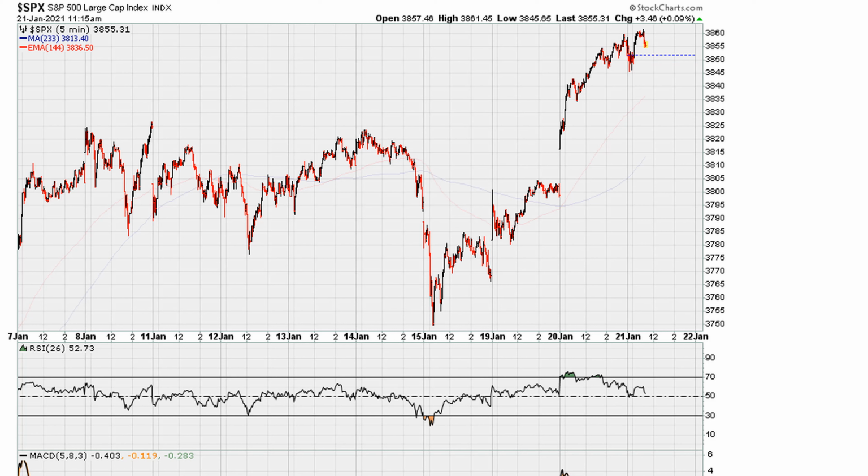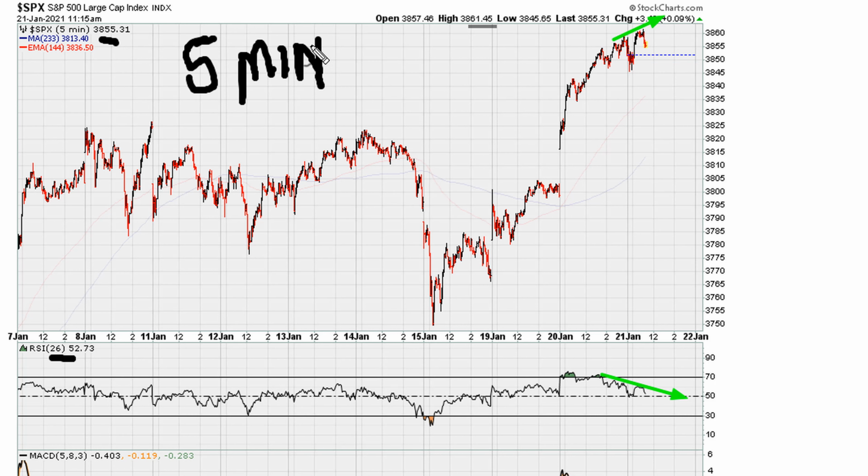As of today, we've seen the market yet again stage a fresh all-time intraday high, with the S&P 500 touching fresh all-time intraday highs. But there is an issue with this. In my opinion, take a look at your RSI. By the way, I've really gone to the small time frame. This is 5 minute.